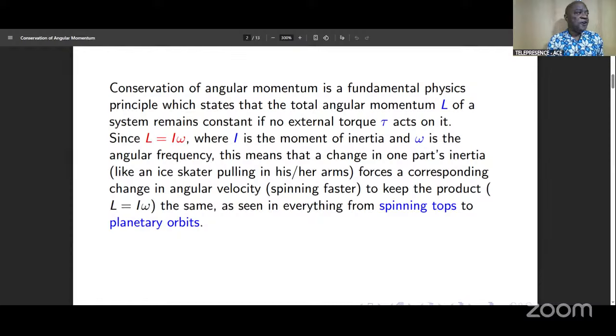So for you to have a conservation of angular momentum, this product must remain constant. Of course, this means that if the moment of inertia increases, then omega must compensate by decreasing, so that the product remains the same. Similarly, if I is decreasing, then omega will be increasing accordingly.